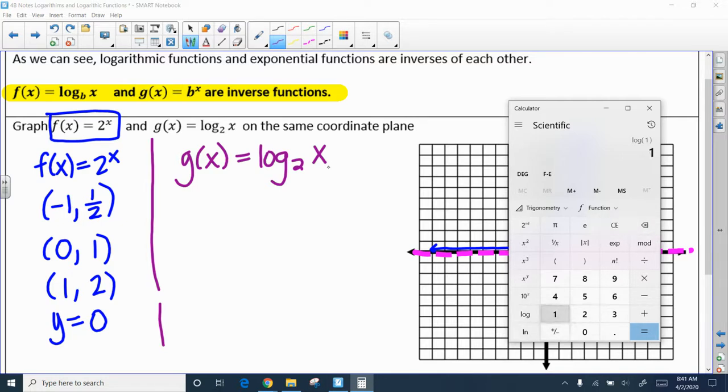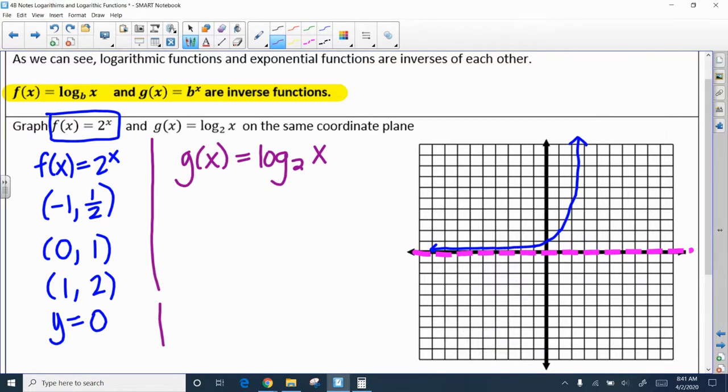If I try to do a logarithm of -1, it says an invalid output. Same thing if I try to do a logarithm of 0. So I can't actually plug in a -1 or a 0.